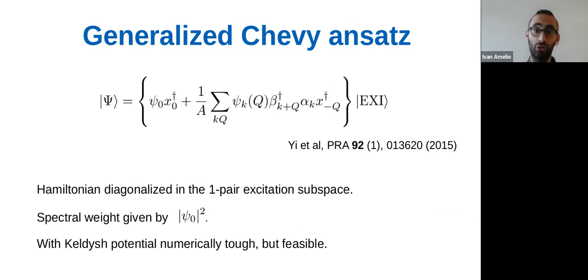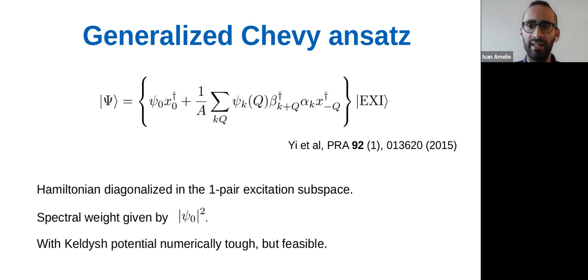So now we want to implement this generalized Chevy Ansatz. What is the idea? It has been proven very useful for the Fermi polaron problem in particular, to say that an impurity gets dressed by electron excitations. In principle, one could dress the impurity with an infinite number of particle excitations, but it turns out that one can get qualitative results if one truncates to just one particle-pair excitation.